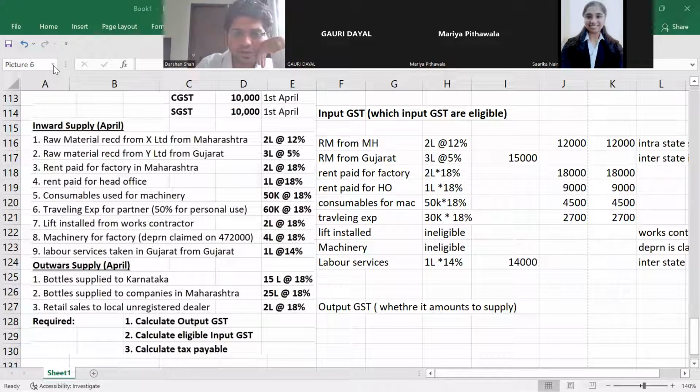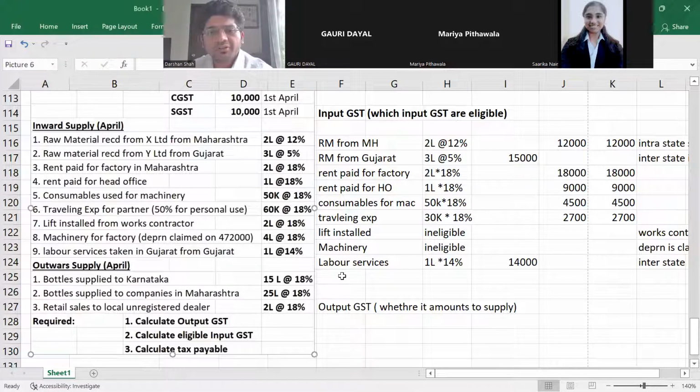So there was a doubt: sir, the head office can also be in a different state, right? If I'm a registered manufacturer in Pune, my head office will also be in Pune. Unless it is specifically mentioned, don't make any assumptions.